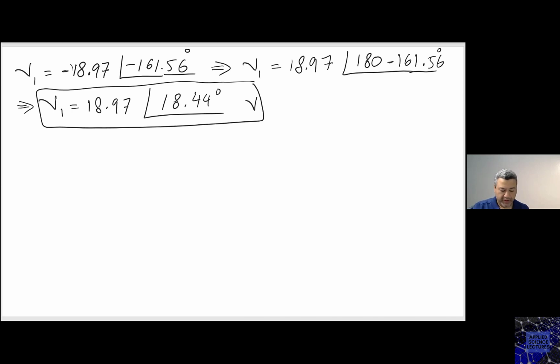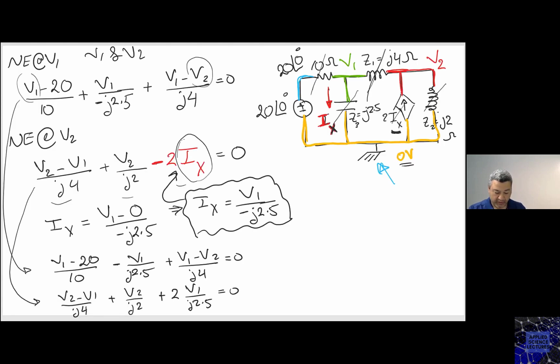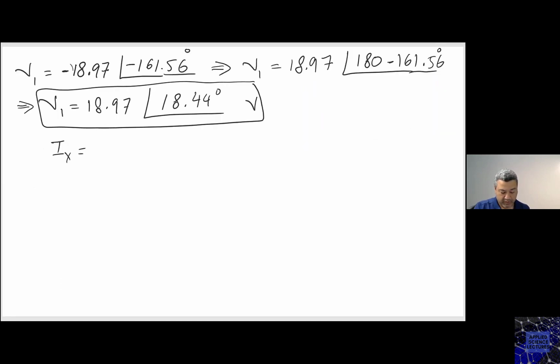Now we need to find Ix. The whole objective is to find Ix, and we said that Ix was V1 divided by minus j2.5.